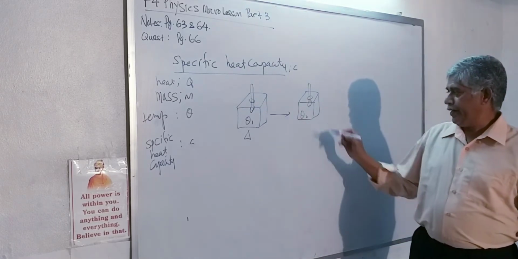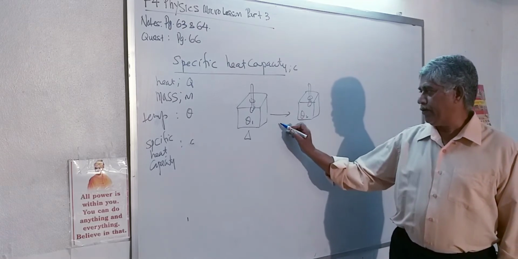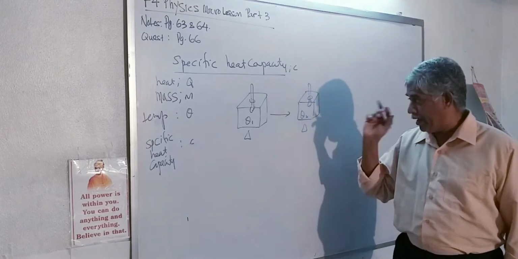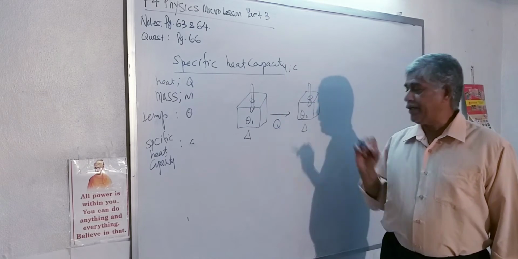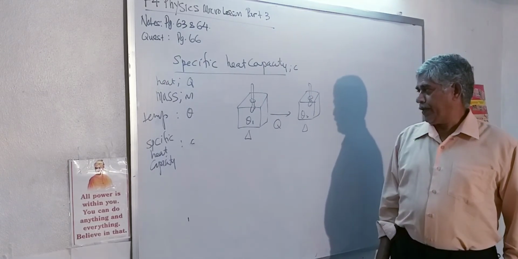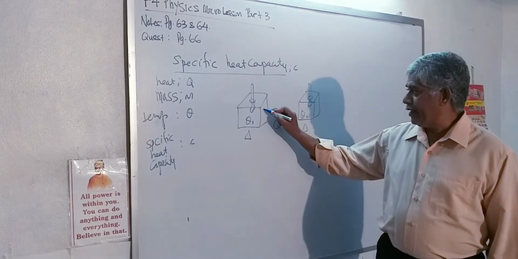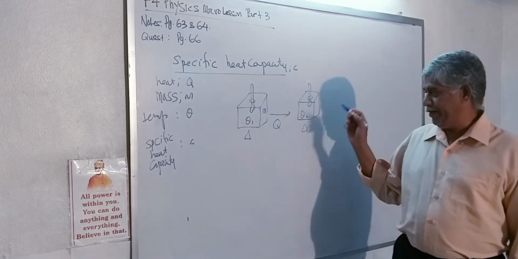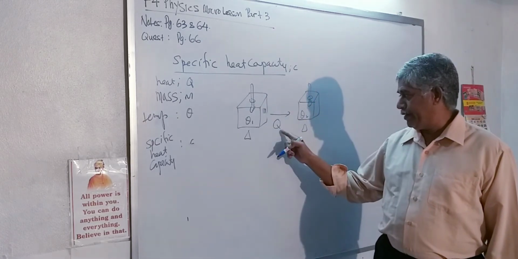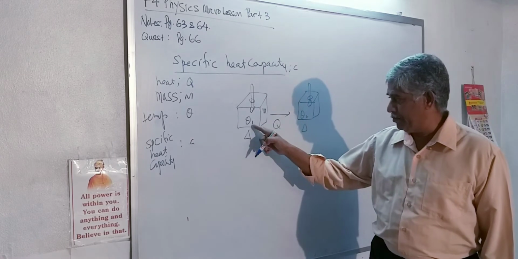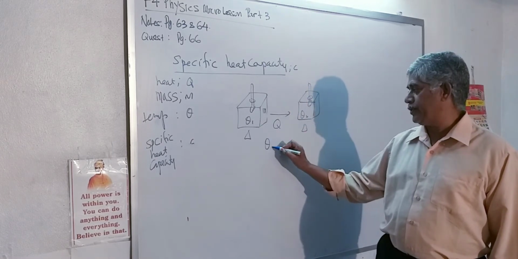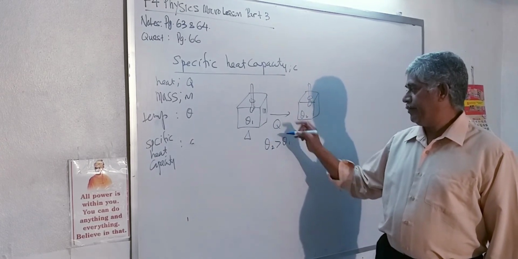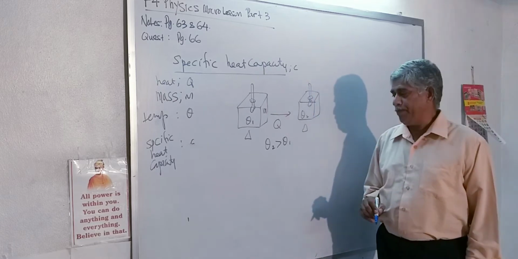And of course, when you're heating it up, you can measure the heat. The heat that you supply is Q, and the object has a mass m. When you heat it up, the temperature goes from theta 1 to theta 2.